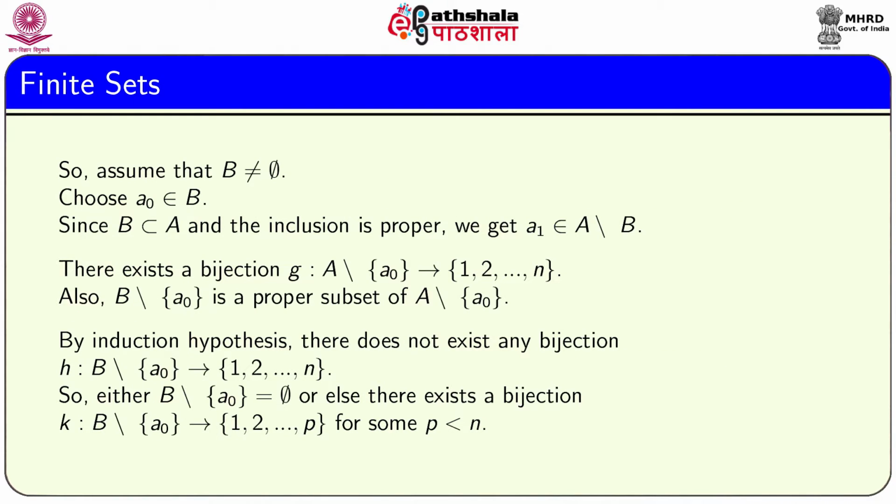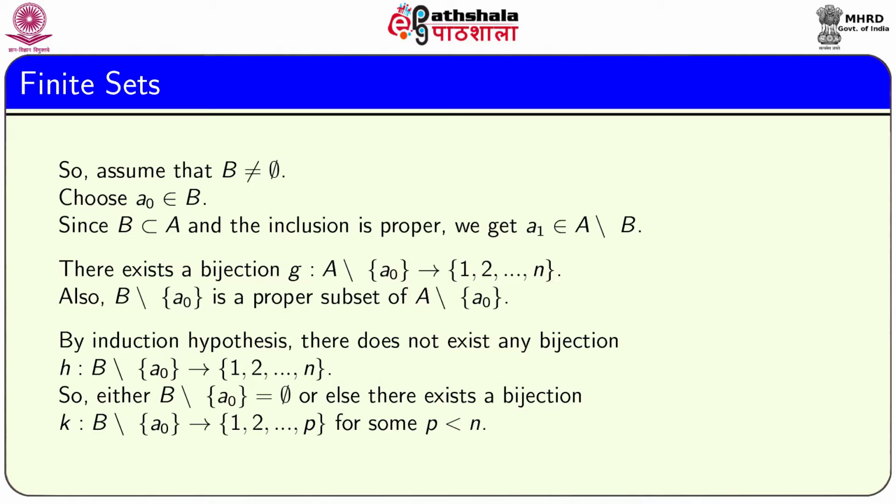So we assume that B is not equal to empty set. Choose any point A0 from B. Since B is properly included in A, we always have a point A1 from A minus B.